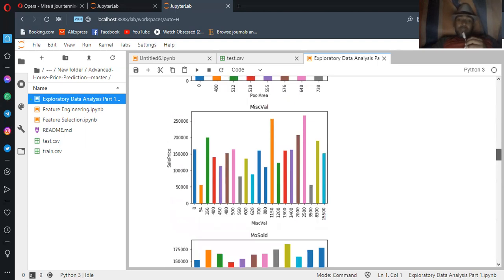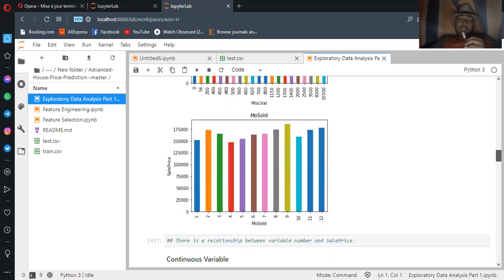And if we look at misc val, I don't know what that means either. We have different combinations of colors with these values on the x-axis. So we have not sold. So all these variables show us how they contribute against the sale price.